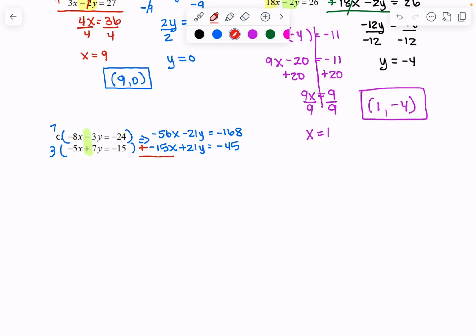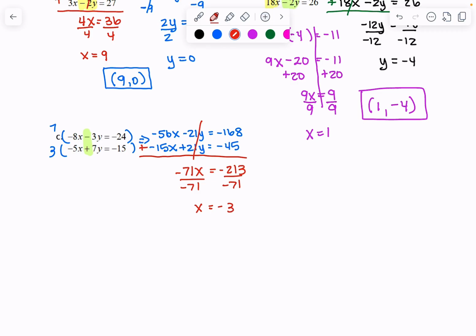Add these two together. The y's are going to cancel out, which is what I want them to eliminate. Negative 56 plus negative 15 is negative 71x, and negative 168 minus 45 is negative 213. When you divide both sides by negative 71, you get x equals negative 3.